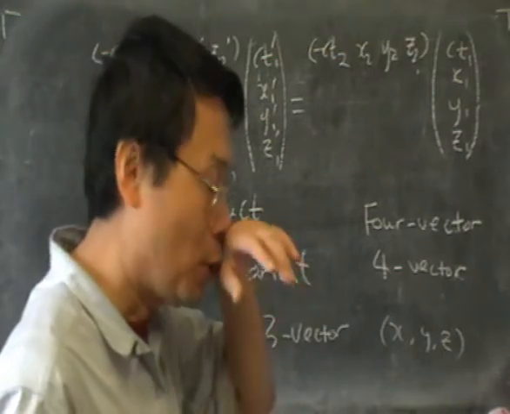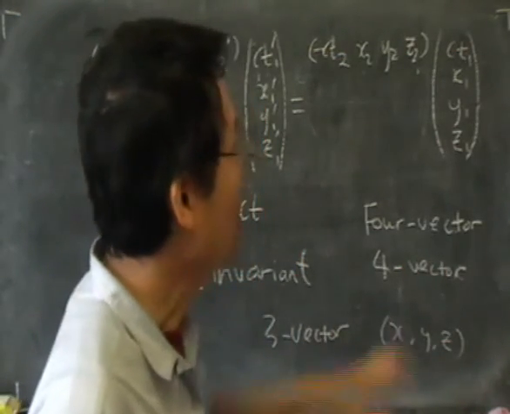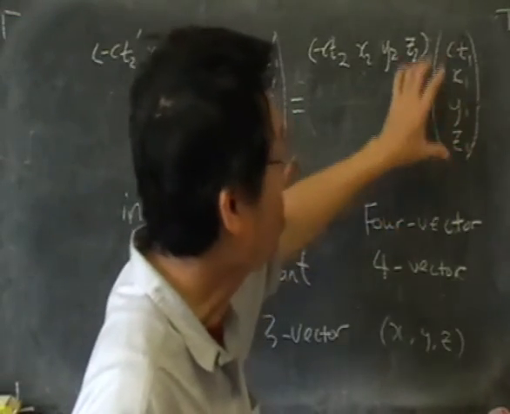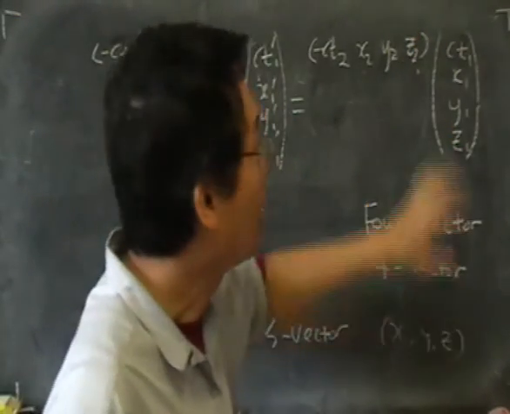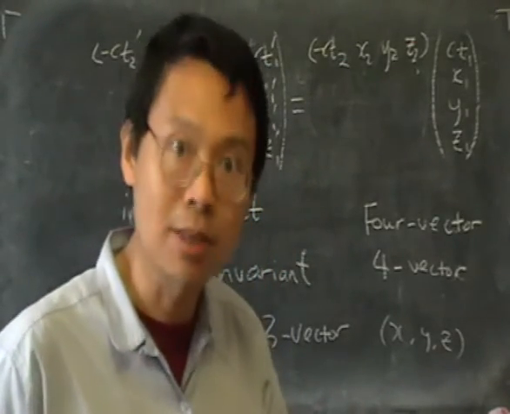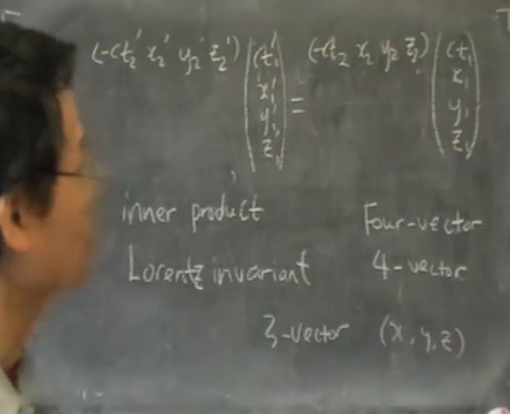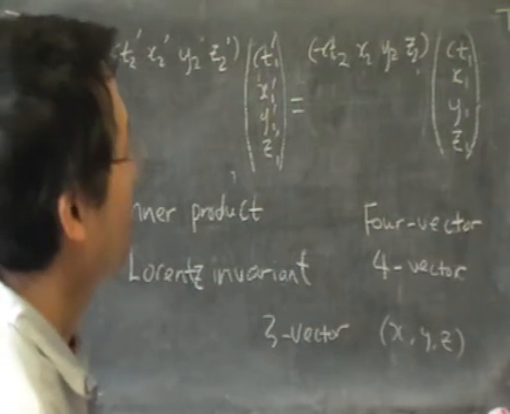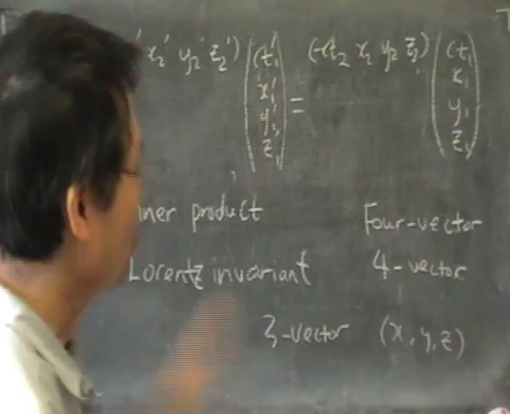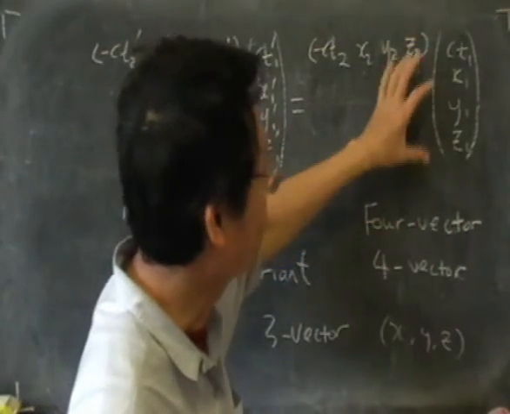Okay, and when you say it transforms as the Lorentz transformation, what it means is that if you use the Lorentz equation to calculate the new coordinates, you will get the correct answer. That's basically what we mean when we say transform according to the Lorentz transformation. Now, we understand that this is the case for x, y, z, and t.